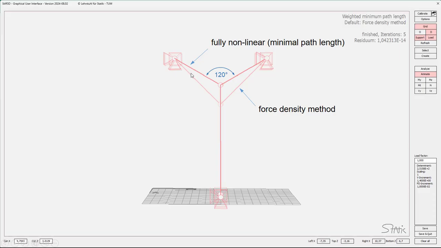And there you see, by applying stiff, what you will receive by the force density method, depending on your choice of the force densities. And it's clear that it depends on this choice how close you may get to the minimal path length solution.